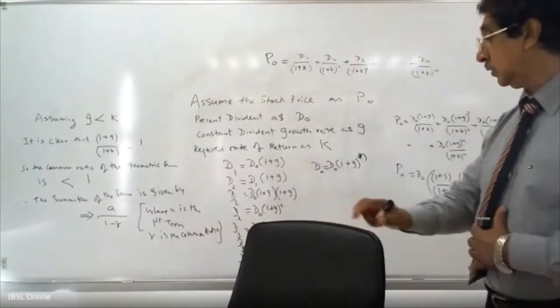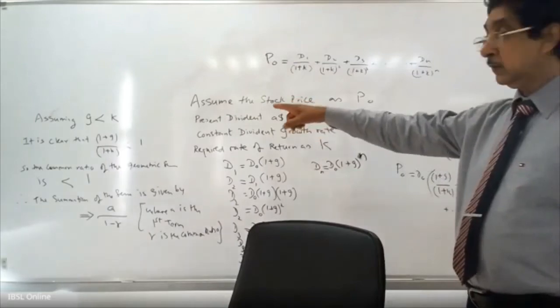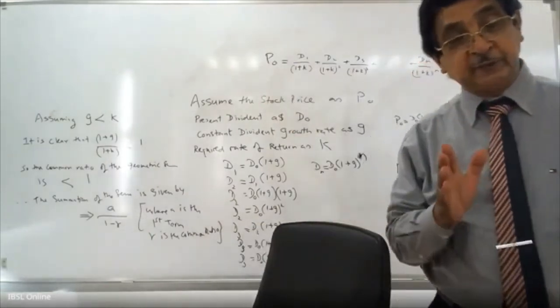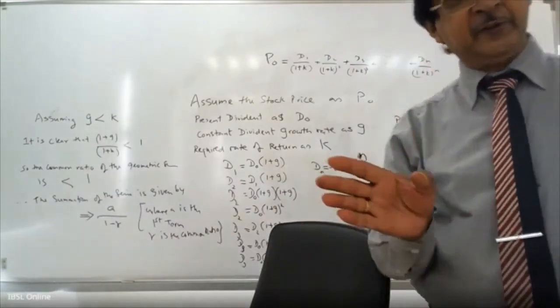Now, just look at this. We assume the growth rate of dividends is lower than K, where K is the required rate of return.